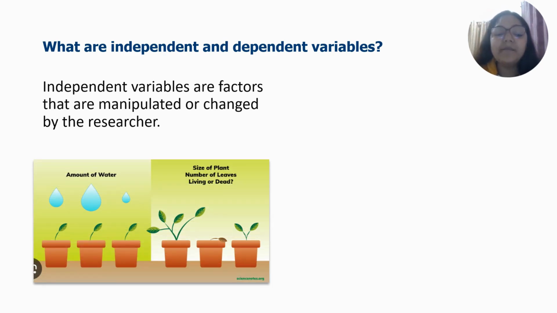Let's take this example. Let's say we have three pots, each with a single leaf in the plant. The researcher decides to provide water to these plants, but the amount of water given is different.